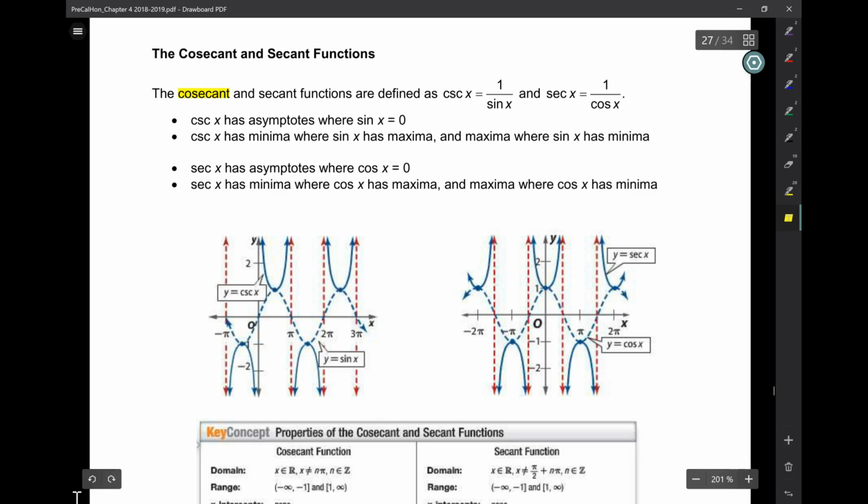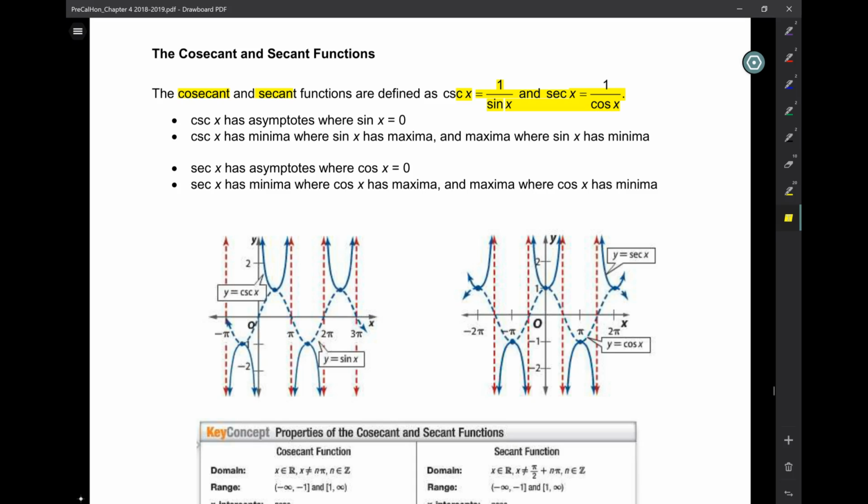Okay, so remember what cosecant and secant are. Cosecant is 1 over sine, and secant is 1 over cosine. That means whenever you have a rational function, whenever you have variables in the denominator, that is going to be a vertical asymptote.